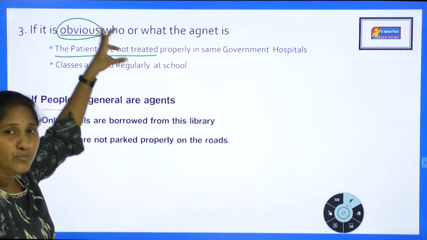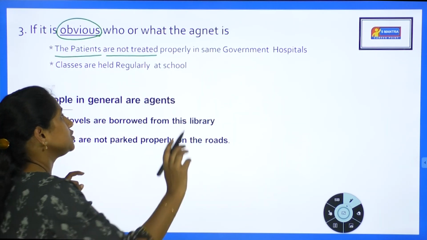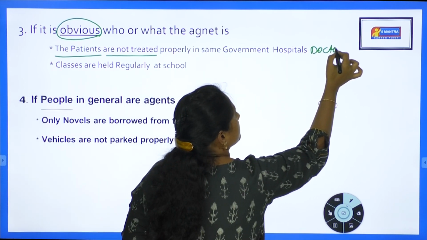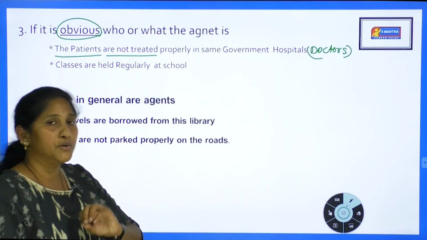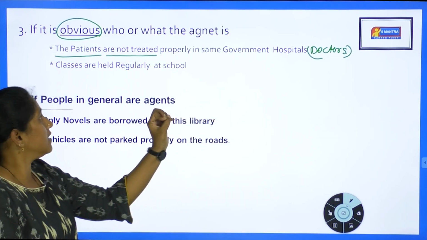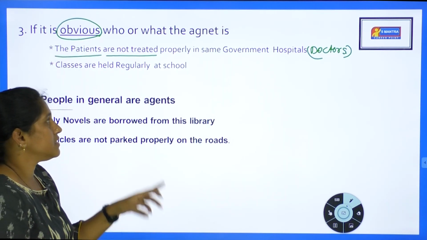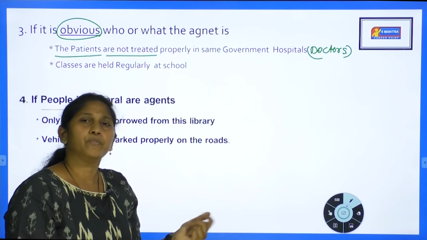So obviously the patients are treated by the doctors. But we don't mention it here because that is the obvious situation. Obviously, only doctors treat the patients.